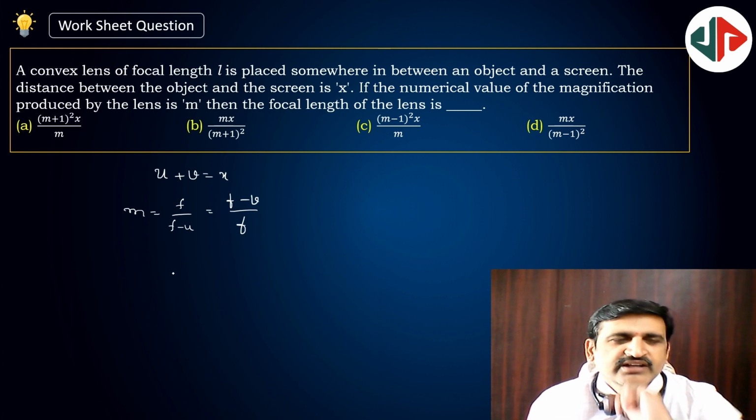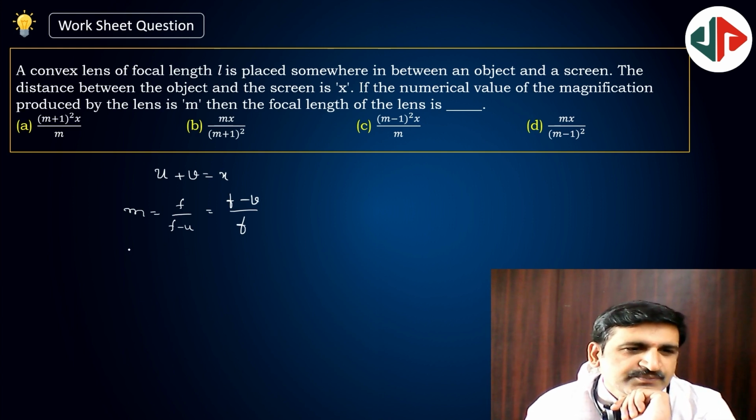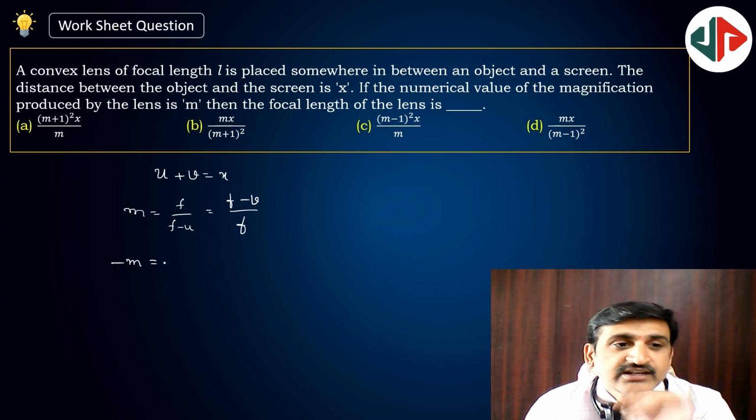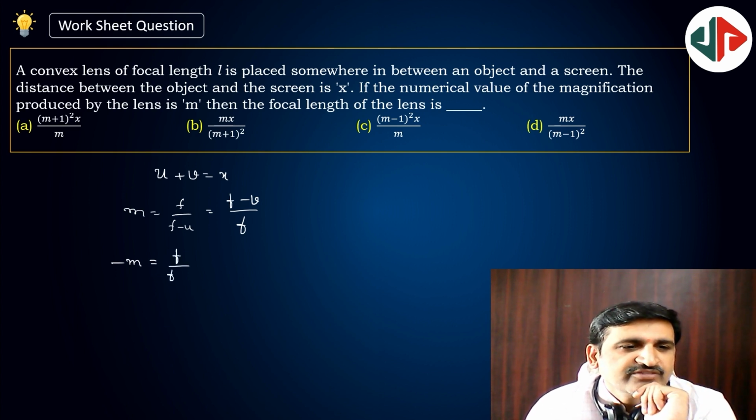Taking two equations, magnification M for a real image is negative. So minus M equals F by (F minus U).